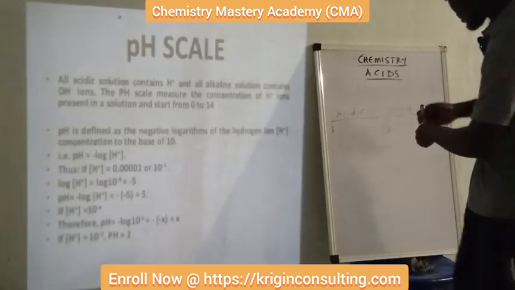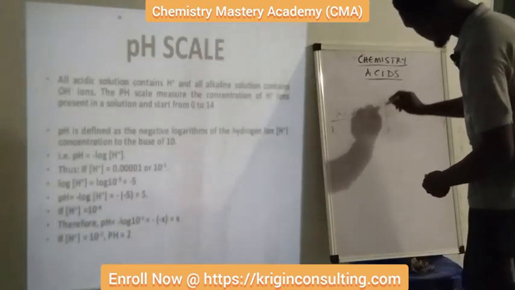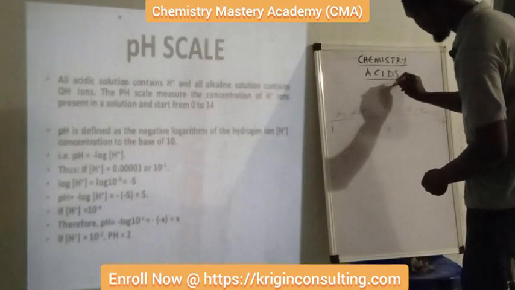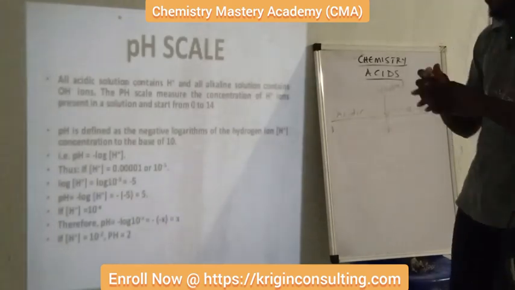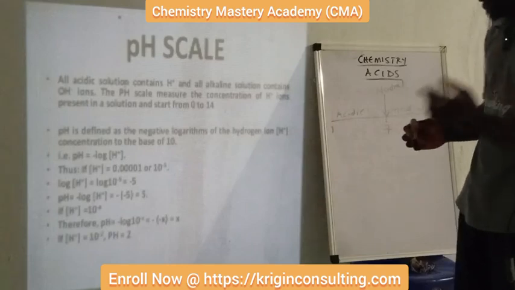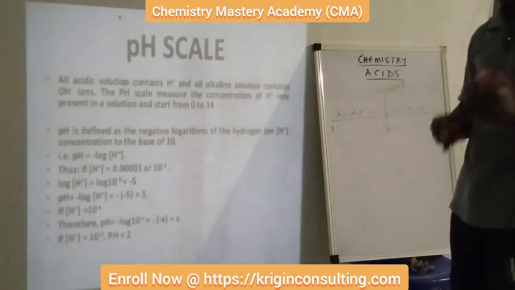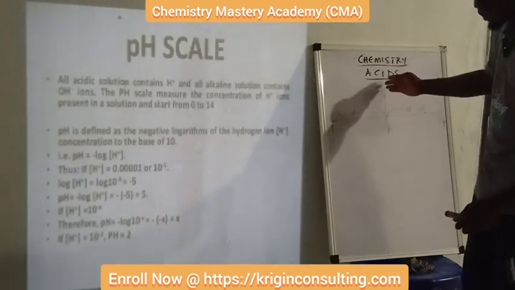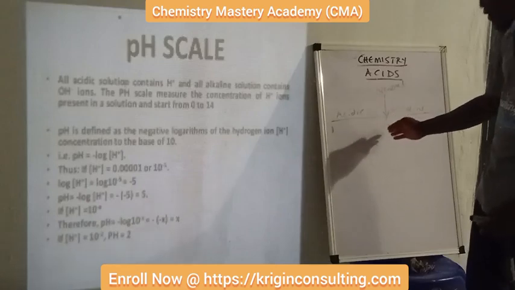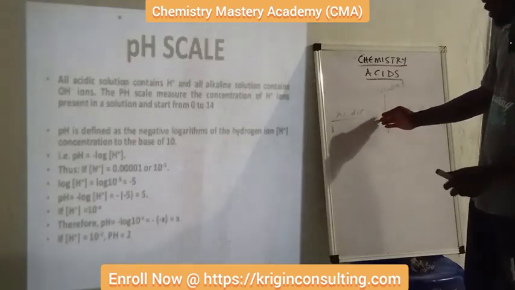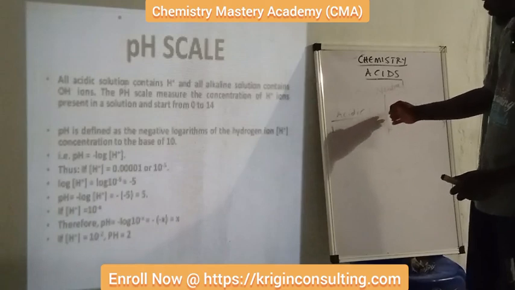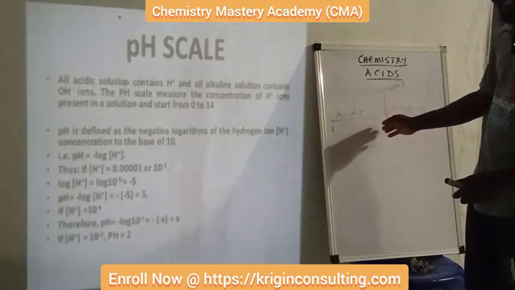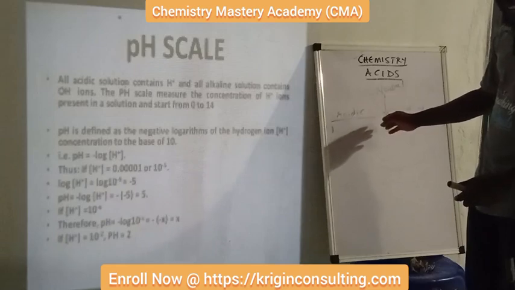So, listen, follow me now. From 7, okay, the one that is at 7 is neutral. That is, it is neither acid nor base. It is neither acidic nor alkaline. So, look at this. This is neutral. 7 is neutral. Now, you go to 6. By the time you get to below 7, 6.9, it is acidic.